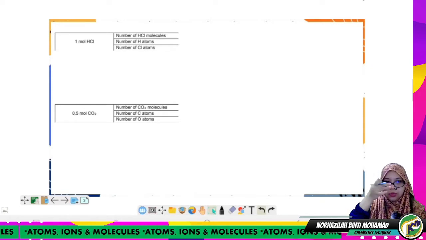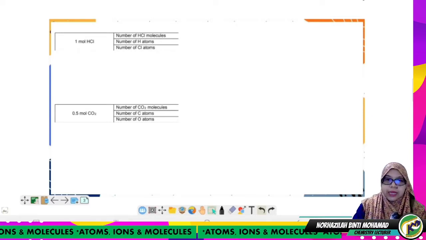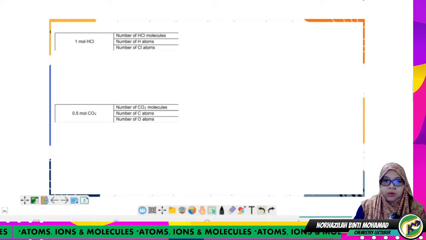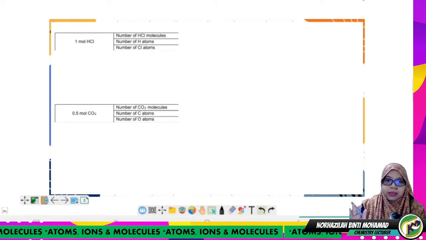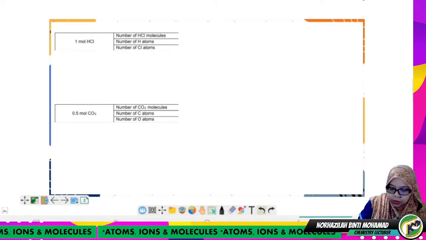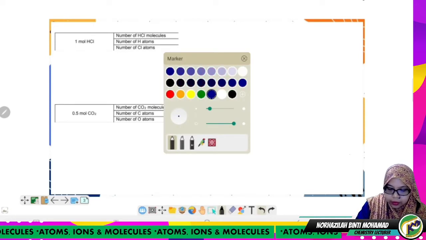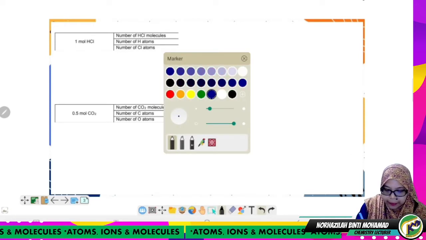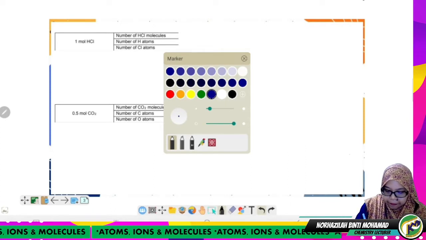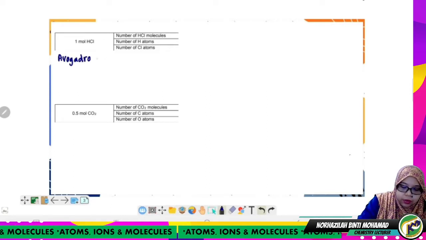First, you need to know that if you want to relate moles with the number of molecules, the Avogadro constant that you use here is the Avogadro number.